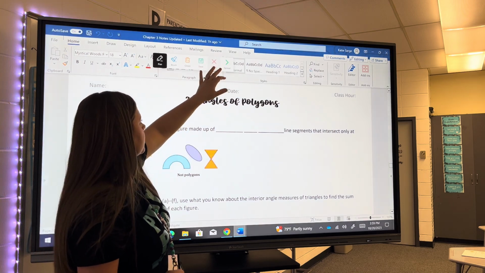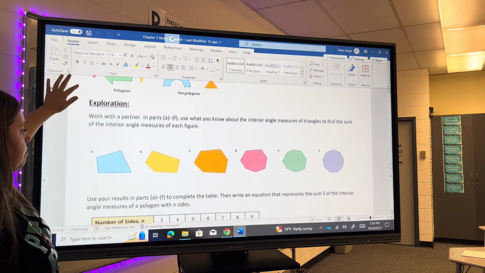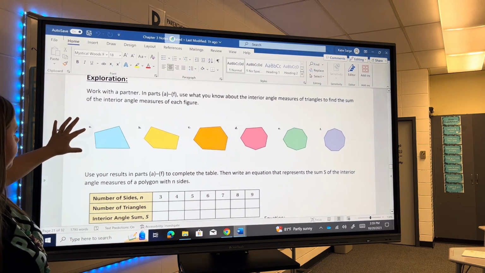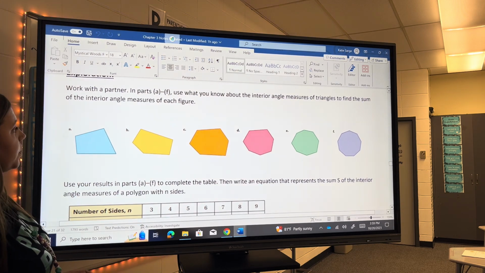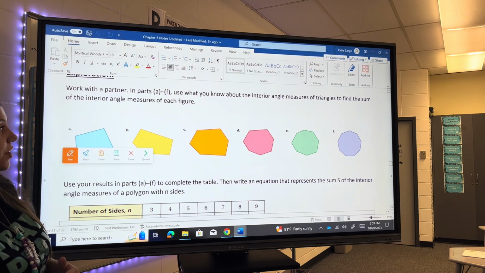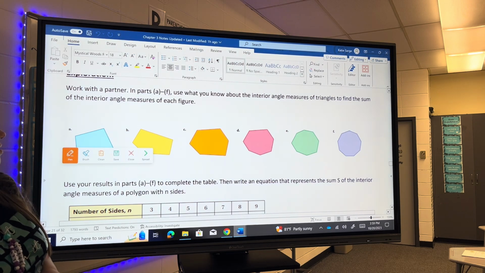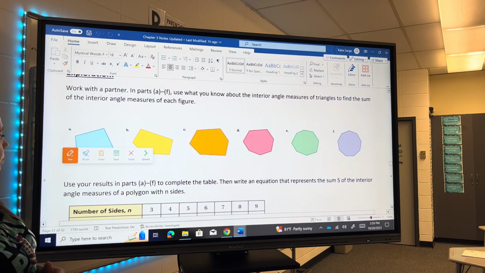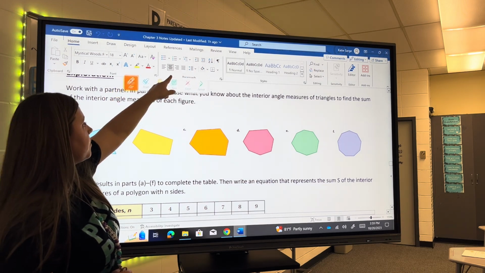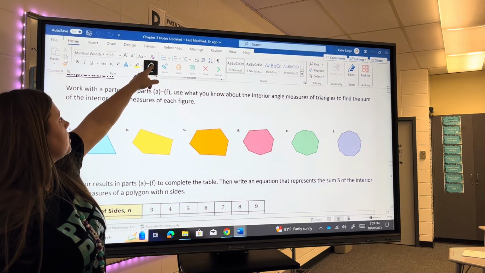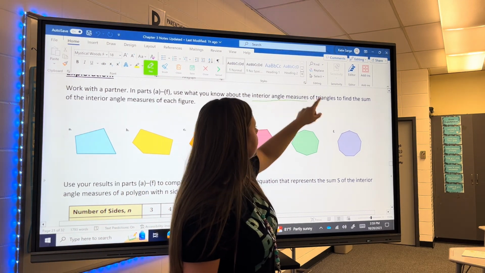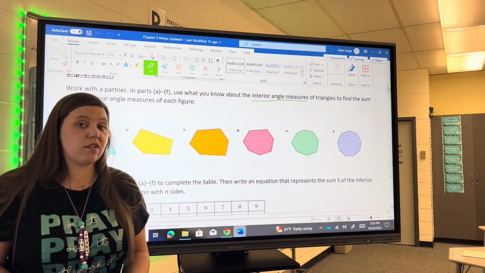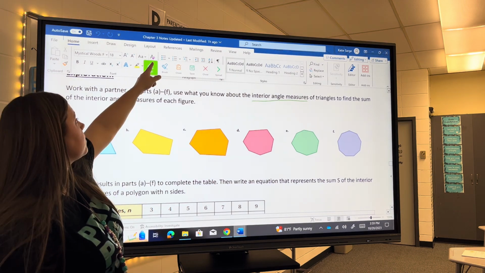All right, so let's look at this exploration here. We're gonna look at many, many shapes. And it says, use what you know about the interior angle measures of triangles to find the sum of the interior angles of all of these polygons. So last week we learned that the interior angle measures of a triangle add up to a certain amount.